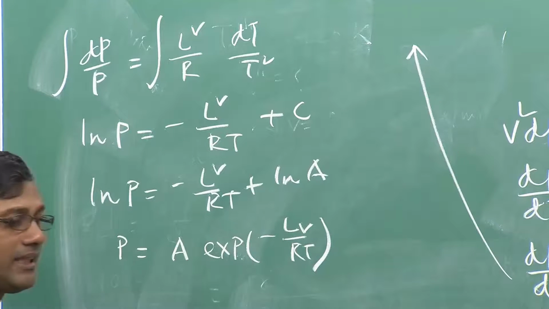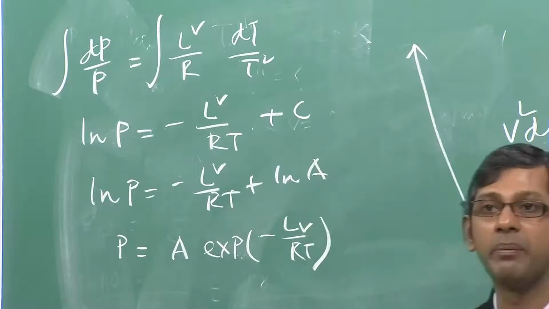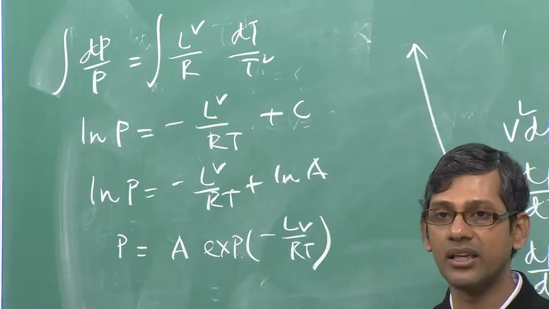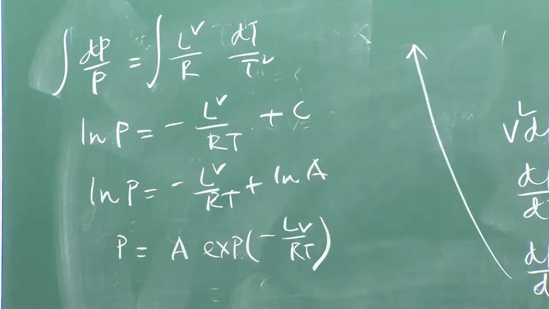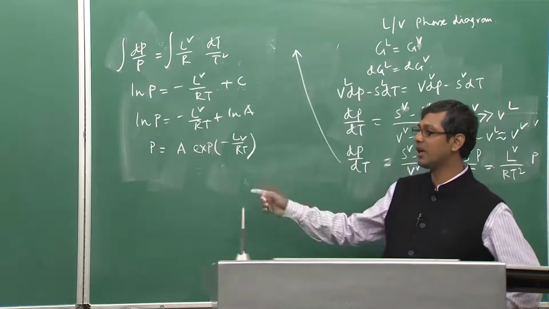So you can clearly see the curve between solid and vapor and liquid and vapor will be exponential in nature, and that is easily obtained from this diagram.